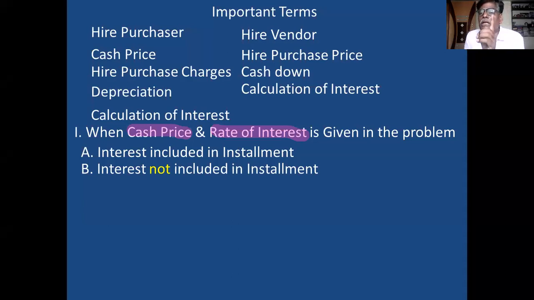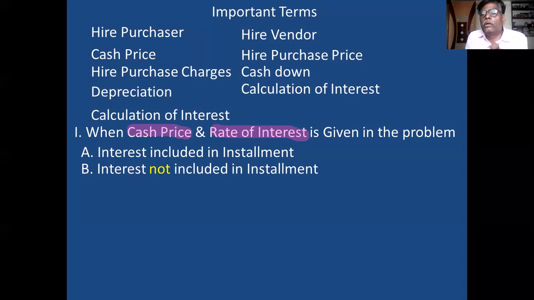Okay. You see here. Once again, I will repeat. You take the problem, read the problem, find the cash price. Second, find the rate of interest. Then you take the total of the payments made as per the problem.